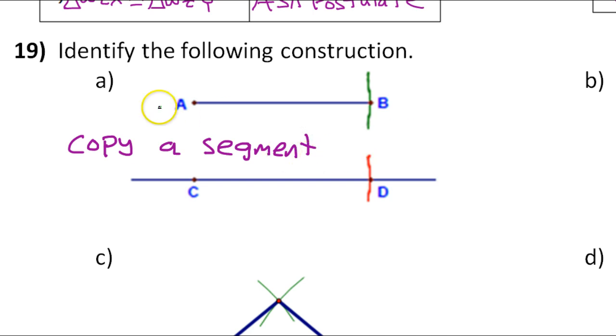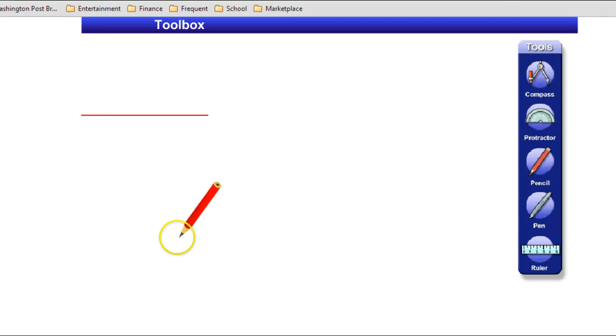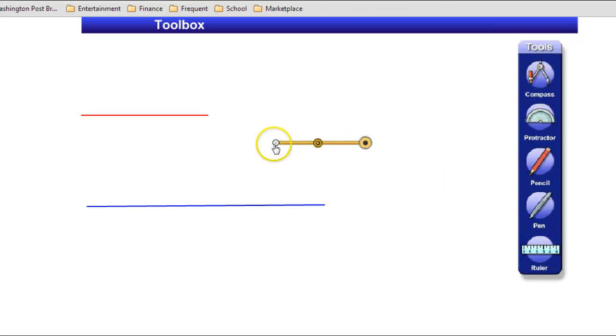Alright, but just one more time, understand the markings. If I have a segment and I'm trying to copy it, then the first thing I do is I draw a longer segment, and then I use my compass and I set my compass to be the same length as my original segment, and then I move that to my new situation and I draw a mark like that.